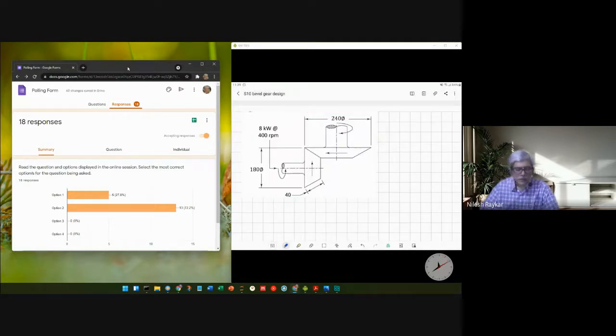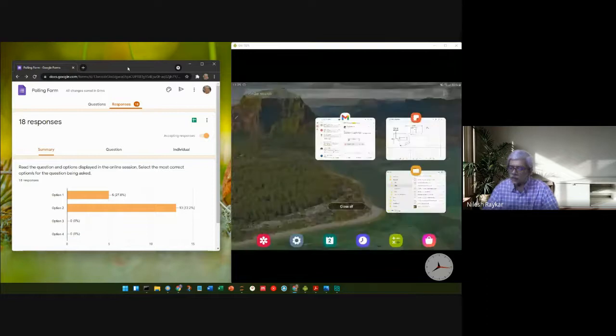That is the data which is available. I will start with the calculation of the torque, which is required to calculate the tangential force.